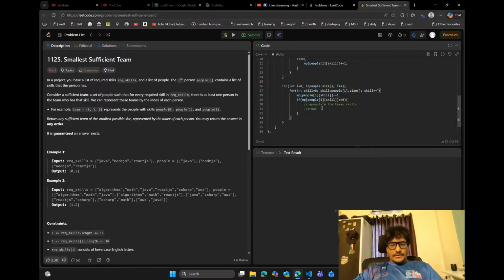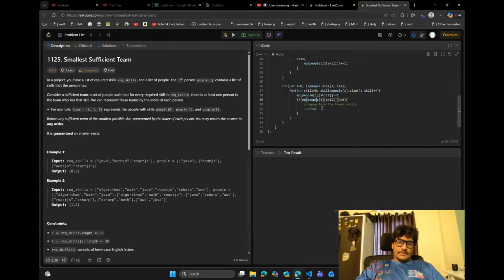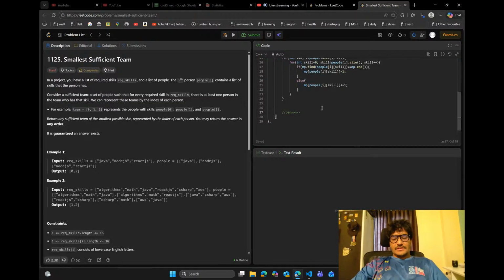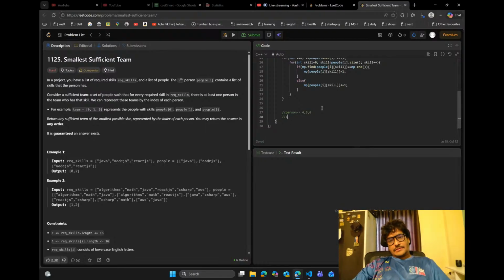But this won't work. This intersection thing won't work because let's say there is a person who has the most distinct set of skills. He has skills called 4, 5, 6, and there are people who have hundreds of skills, but not the 4, 5, 6 ones.